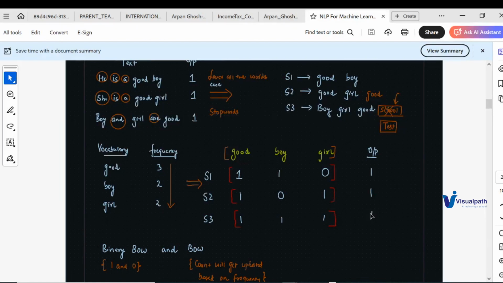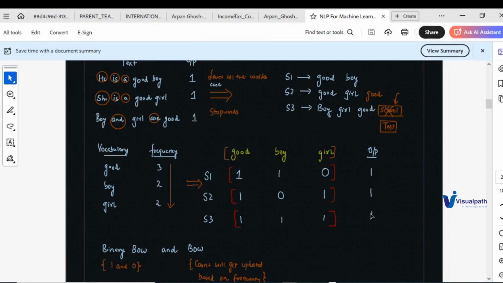Along with that, it should capture the semantic meaning. It should always capture the context, which is missing here.